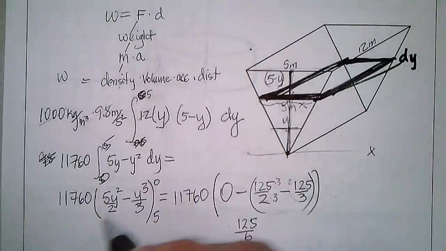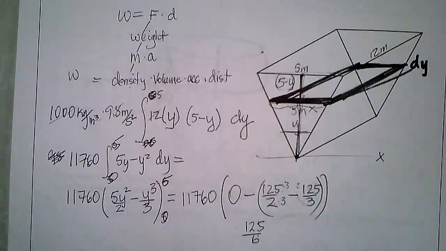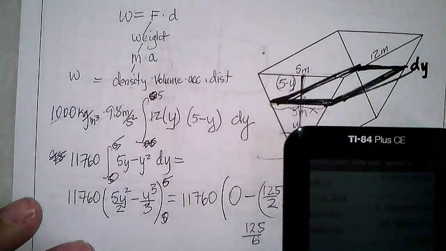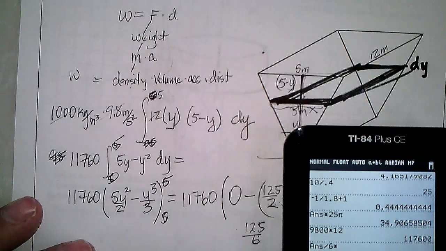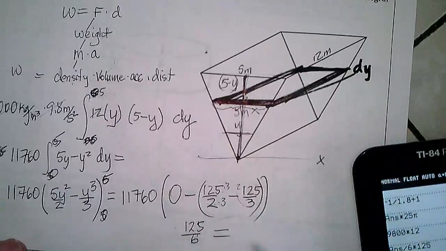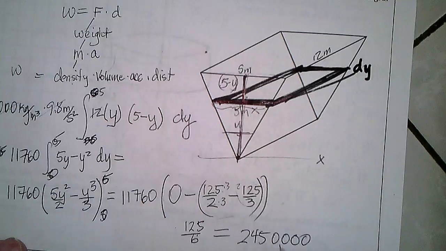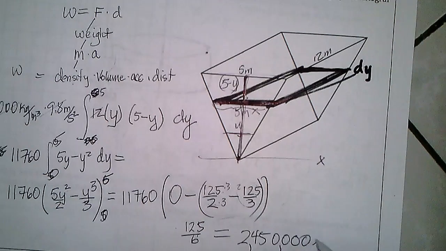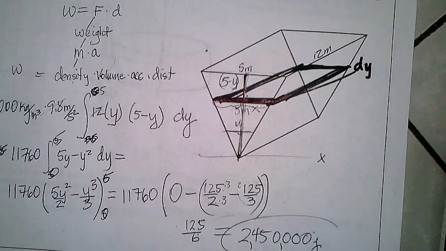And I'll get this times that, 11760 divided by 6 times 125, and I get the total amount of work to be 2,450,000 joules. And that should be it.